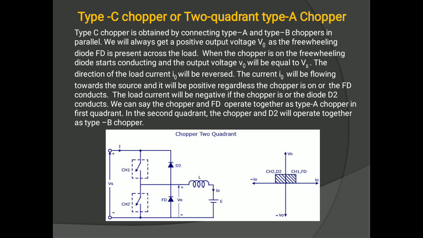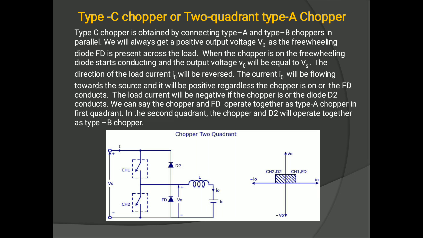The load current reverses its direction. If load current flows in the arrow direction shown in the figure, that load current I0 is positive when chopper 1 is on or freewheeling diode conducts. Load current is negative if chopper CH2 is on or D2 conducts.